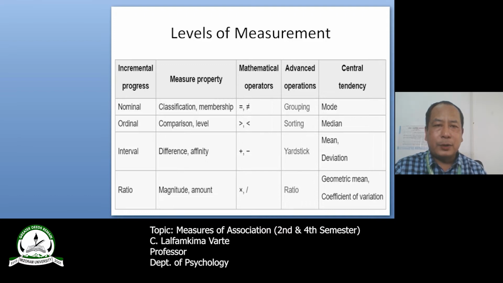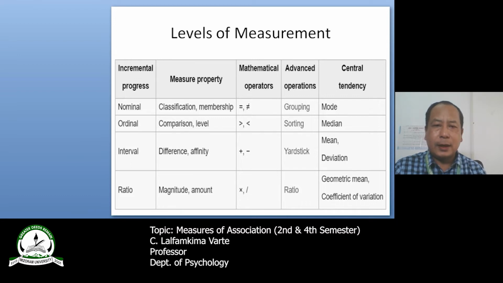So for nominal level measurement, equal to or not equal to is carried over to ordinal level measurement, and so any measurement at the ordinal level will have the mathematical operator of equal to or not equal to, as well as greater than or less than, and so on.